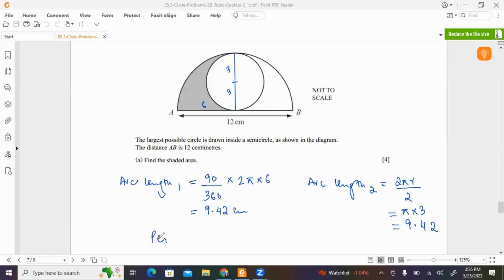So the perimeter is going to be 9.42 plus 9.42 plus 6. That's 24.84 centimeters. So basically, what I'm referring to is this, this, and this. So this all adds up to the perimeter.